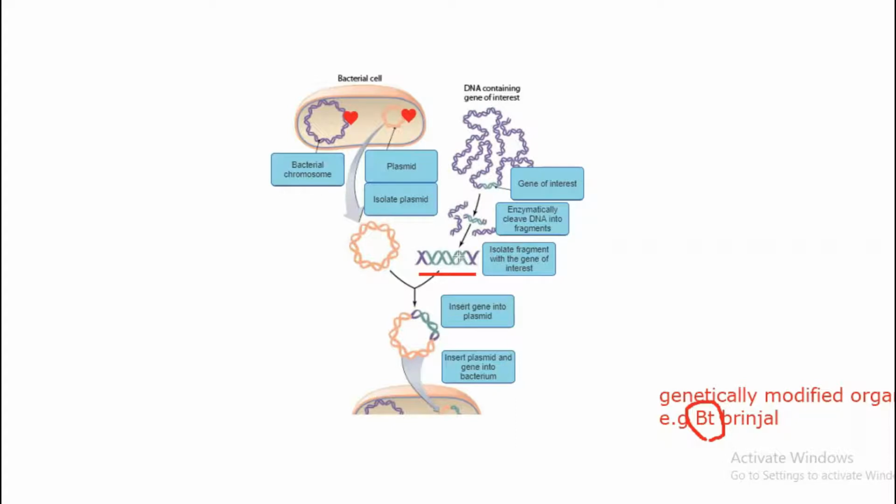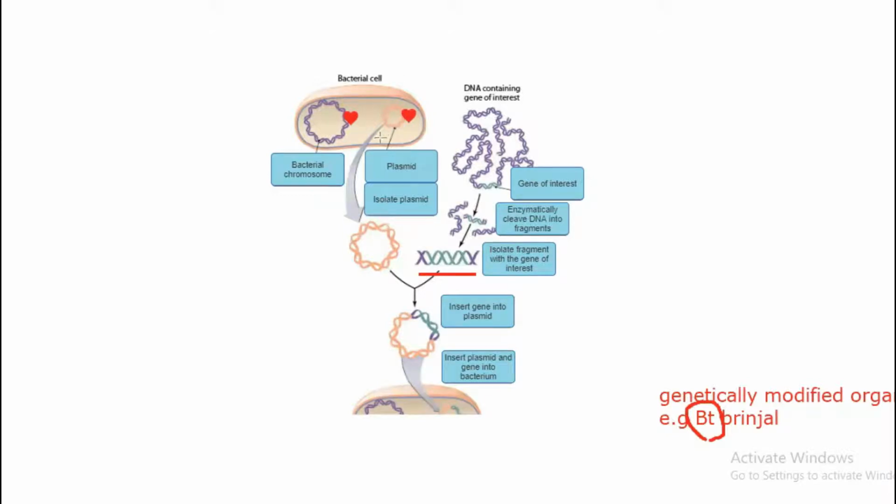This one we have to insert into the vector. So where is this vector present, what is the name of this vector? Name of the vector is plasmid. And where is it present? It is present inside the bacterial cell. What is a plasmid? Plasmid is an extra chromosomal DNA that is able to replicate itself.